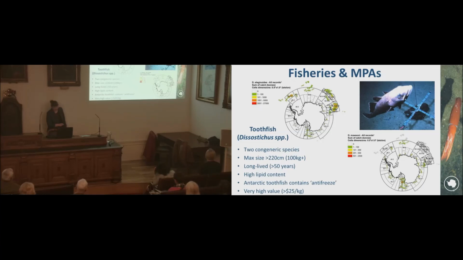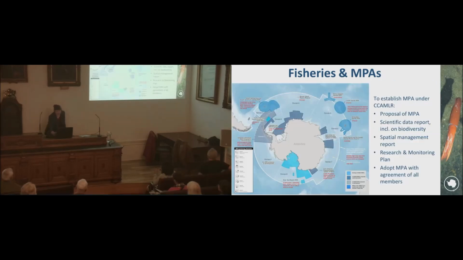You will notice that here, in this area of the Weddell Sea, there is currently no toothfish fishery for commercial fishing. It's only there for research fishing. But there are several countries that want to go into commercial fishing there. And this is where the marine protected areas come in.